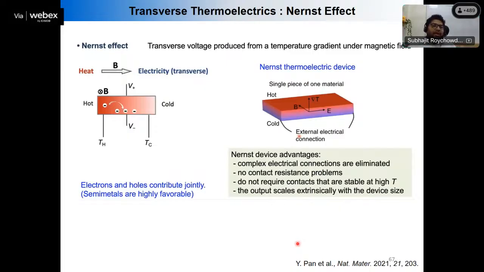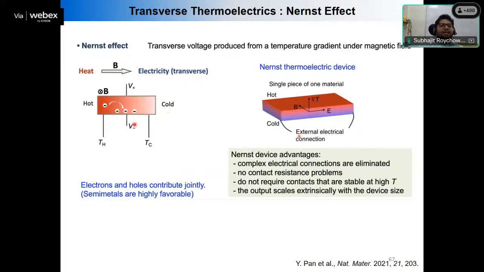Now, how to overcome that? For that, there is another technique or method we call transverse thermoelectric or the Nernst effect. Now, let's see how to understand it. So, let's say you have a single material. One side is hot, one side is cold, similar to the Seebeck effect. But here you are applying a magnetic field perpendicular to this heat current.